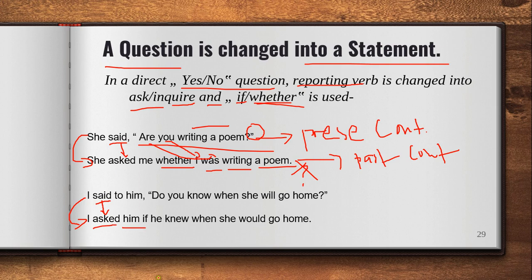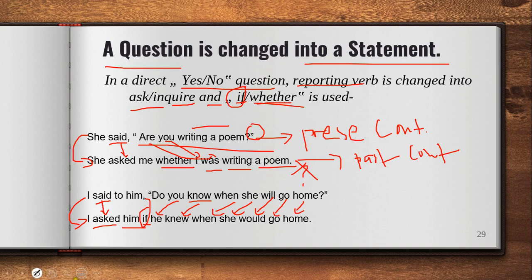Remember this is if, right? You becomes he. This is present tense, so you have to change it to past tense: know becomes knew, and will becomes would. Okay, changing that.